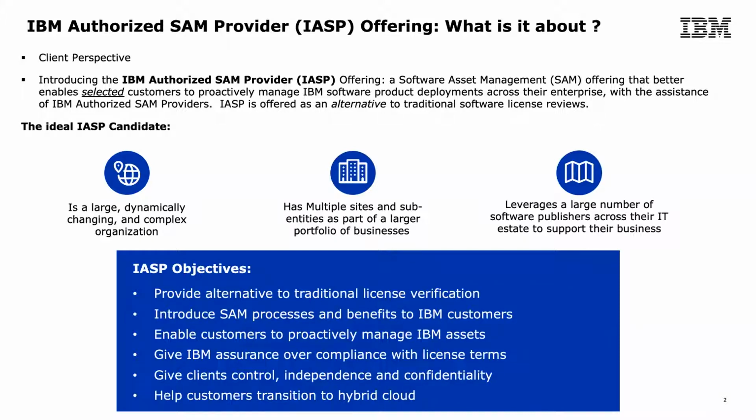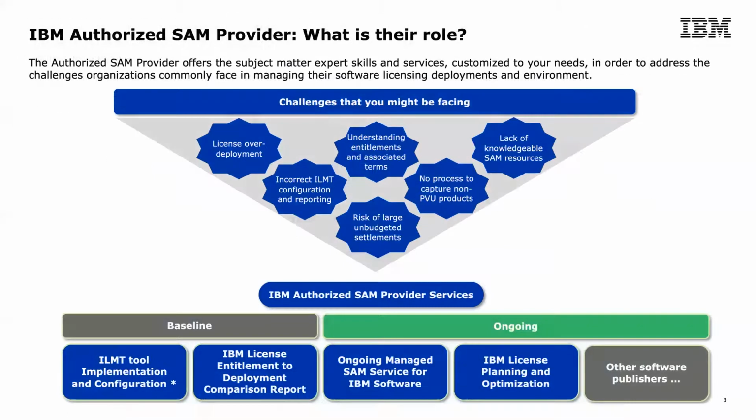Ron, may we move to the next chart, please? I've discussed some of this in my earlier remarks on what the client perspectives are, but if you look at the top bucket here, the hopper, you will recognize some of the challenges, especially if you're a client of IBM software. You will see that over and under deployment occurs routinely.